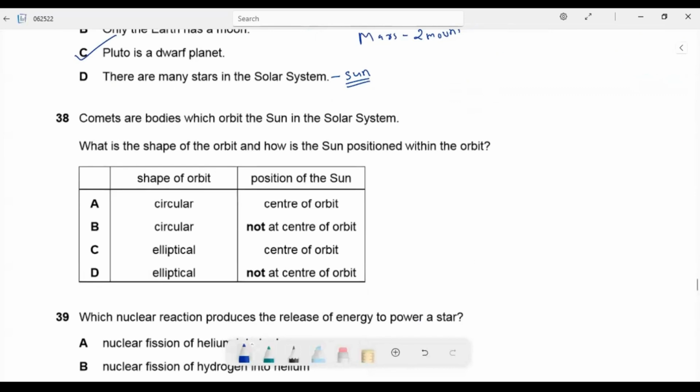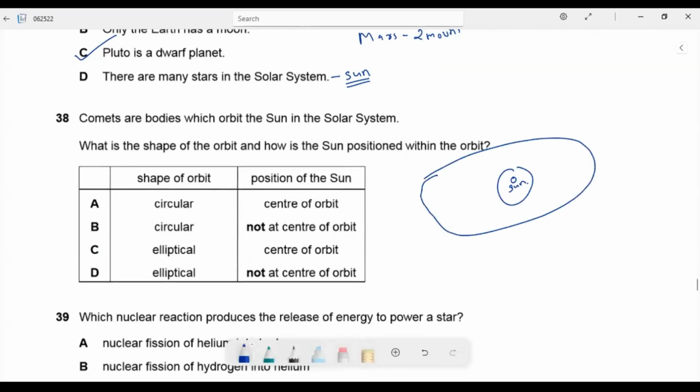Comets are bodies which orbit the Sun in the solar system. What is the shape of the orbit and how is the Sun positioned within the orbit? The orbits will be elliptical in shape.